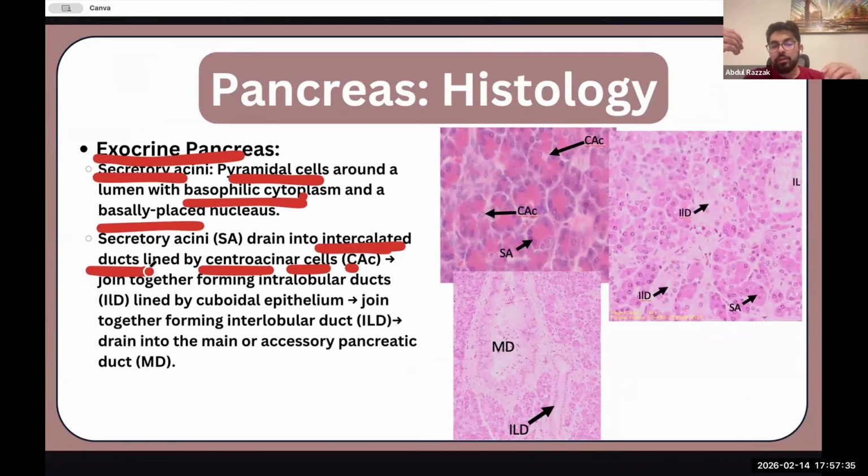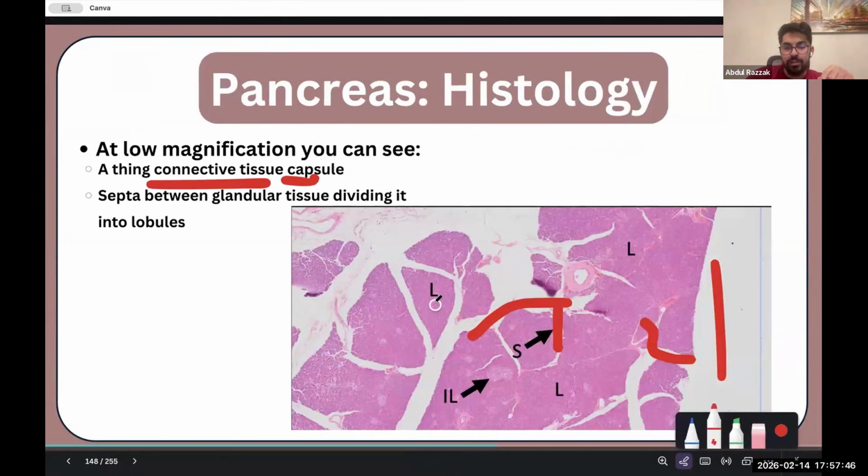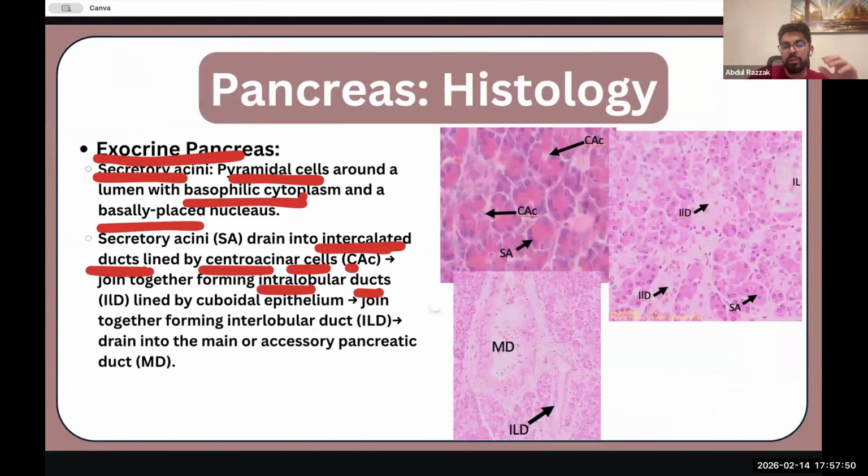These intercalated ducts then are going to join with each other and form bigger ducts called intralobular ducts. Intra means inside the lobules, and these are the lobules. So you're going to have some ducts flowing inside the lobules. So they're not that big. However, they are a little bit larger than the intercalated ducts. And these intralobular ducts are lined by cuboidal epithelium.